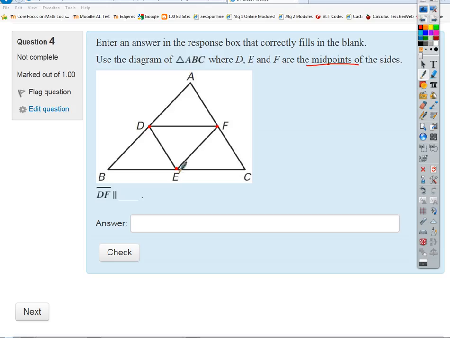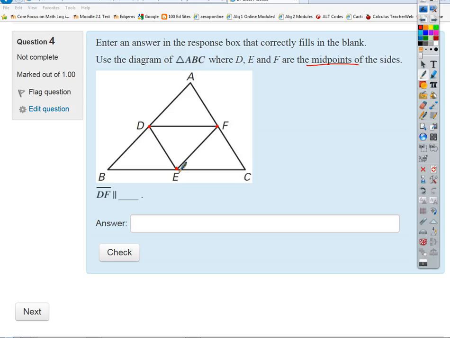Now, what do we call the segment connecting two midpoints of a triangle? Remember, Vanessa, what we call that? The segment connecting the midpoints of a, what is it? Remember?